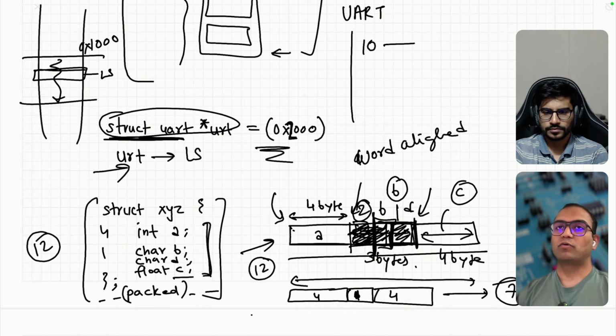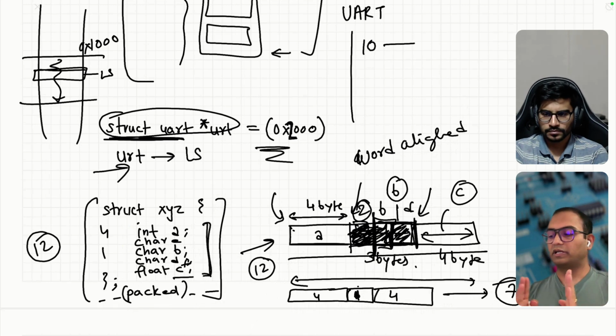Only if we had two more characters here, E and F, then all these 4 bytes would be consumed. There would be no padding bytes, but that is how it works. It only adds padding if we can achieve 4 byte address alignment. Otherwise, it wouldn't add.